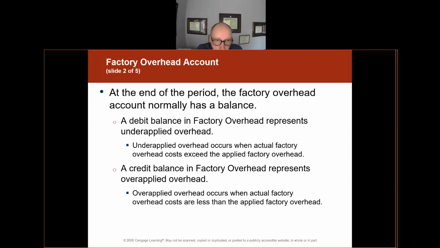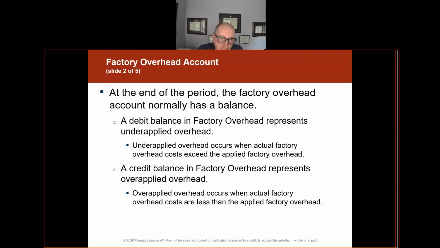When we under-apply factory overhead, it happens because the actual was greater than the applied factory overhead. It's under-applied, meaning we didn't budget enough, is another way of looking at it. And the opposite is also true.